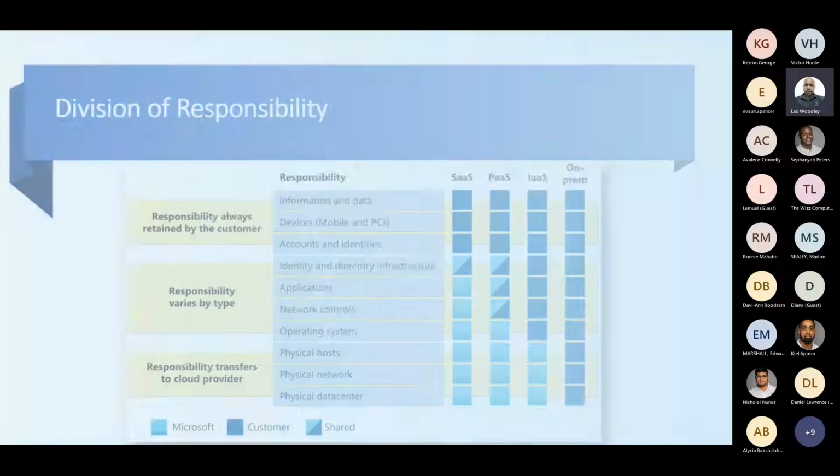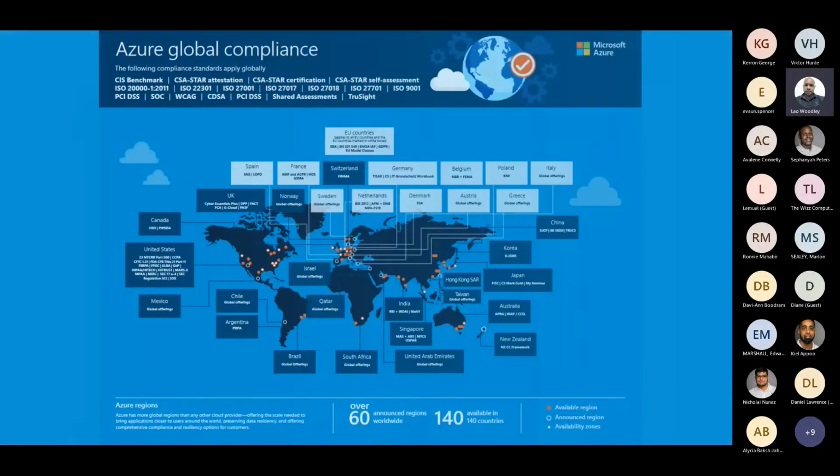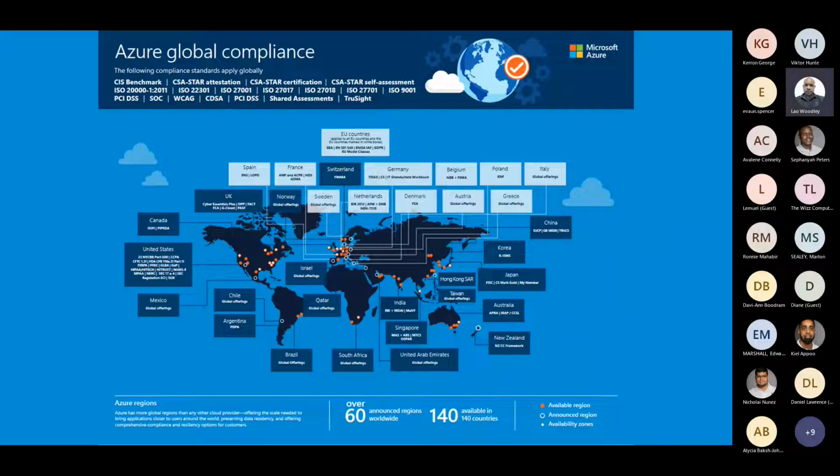So now that we've gotten through the identification of why, how can Azure help us, let's talk about why we would choose Azure. This slide tries to summarize Microsoft's accolades in terms of these certifications. Azure is the most certified of the three big public clouds.